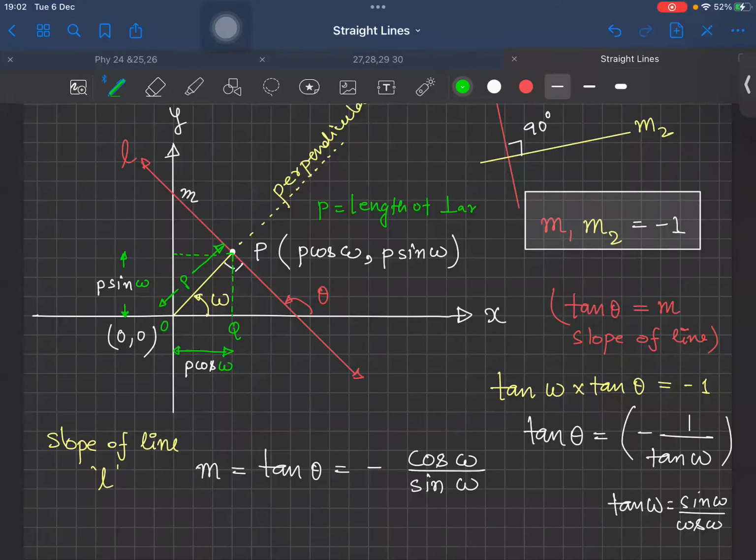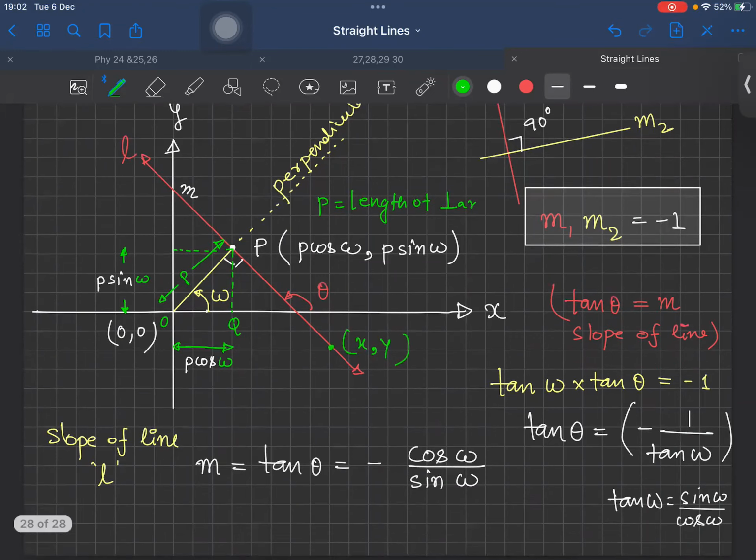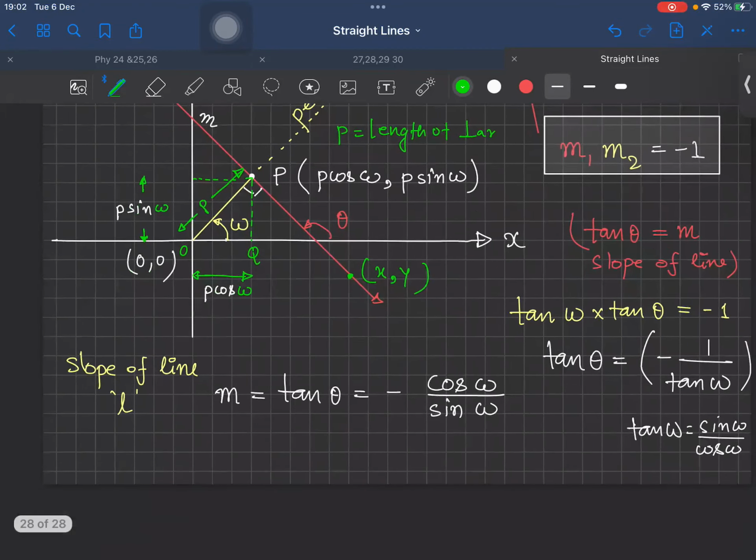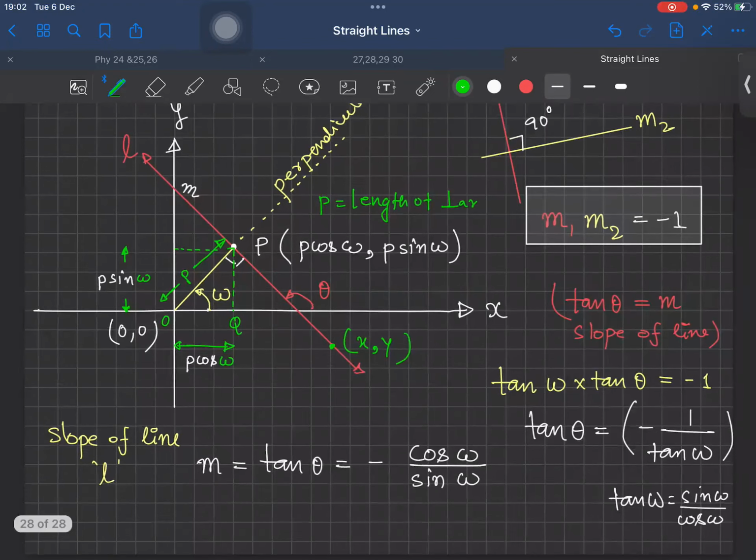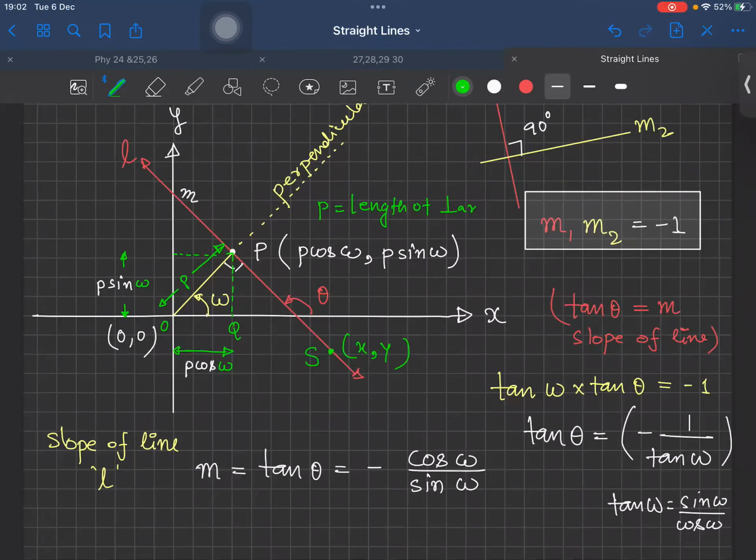Yes, sir. Okay. Now randomly you can take any point anywhere and all points will be x, y. That means the x coordinate of P is always P cos omega, and y coordinate is P sin omega, right? Is this hard to understand? Murli, do you understand this or not?